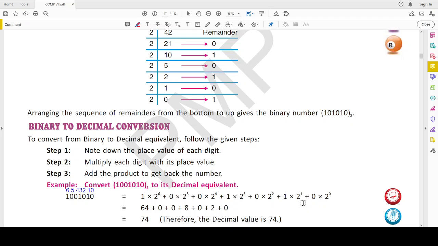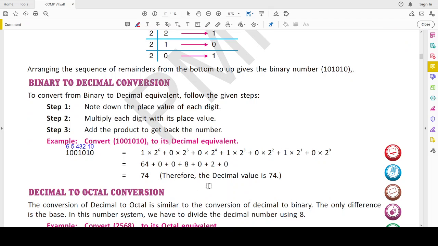What is 2 to the power 6? It is 64. What is 2 to the power 3? It is 8. What is 2 to the power 1? It is 2. So 8 plus 2, 10. 10 plus 64, it is 74. Got? The decimal value is 74.